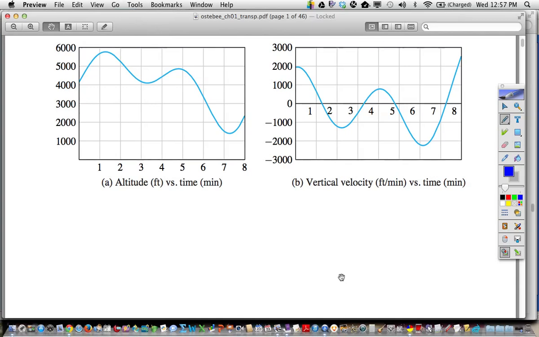And these are graphs, it says at the bottom of page 1, imagine you had a hot air balloon floating above the Kansas prairie. Here's a graph of its altitude. So we have an altitude function and a graph of its vertical velocity. Okay? And these are functions.